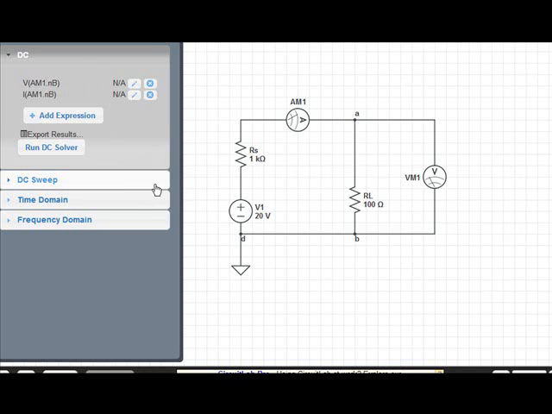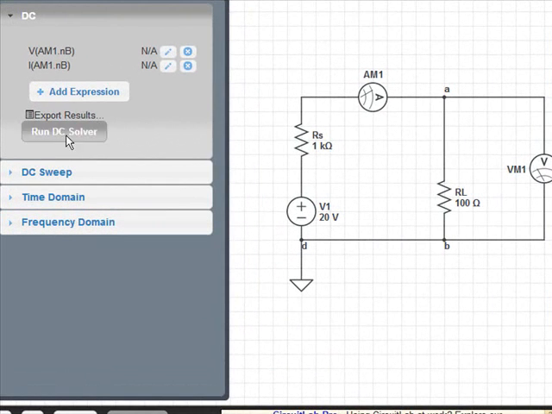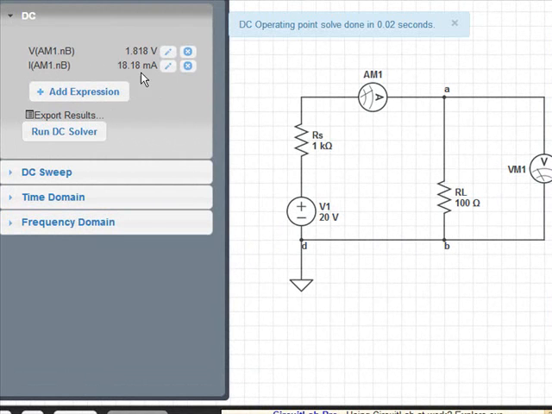Once you put that in, here the voltage is 20, run DC Solver, and we will be measuring the voltage and the current. So this 1.818, that is the voltage, and the current is 18 milliamps.